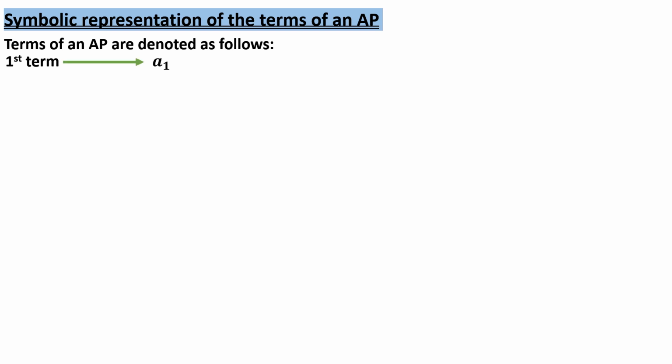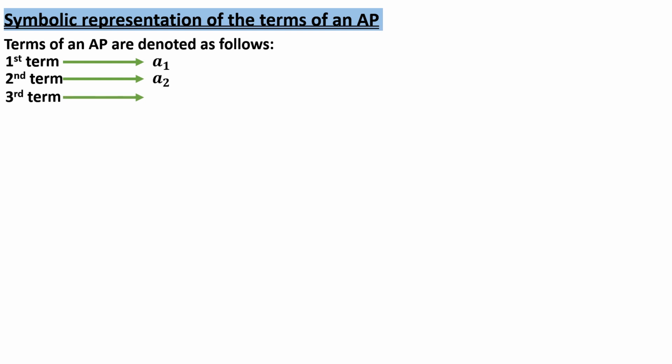Now, symbolic representation of the terms of an AP. How do we symbolically represent the terms? Terms of an AP are denoted as follows. First term is denoted as a1. Second term is a2.